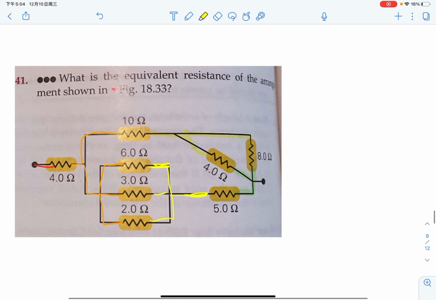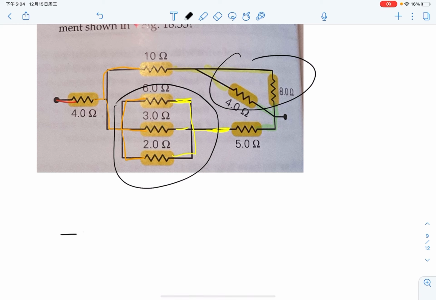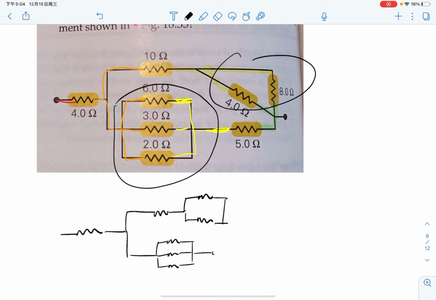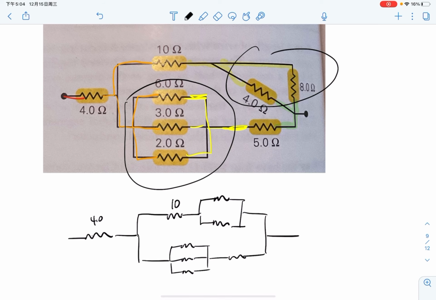You can see this three is in parallel, and these two are in parallel. Now you can draw the circuit in this form, which should be clear. Here is 4, here is 10, here's 8, here's 4, and here's 5, 6, 3, 2.